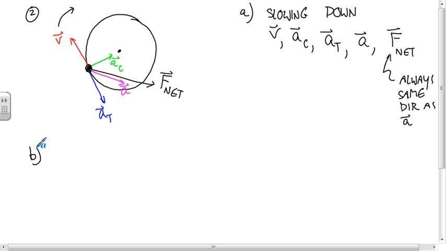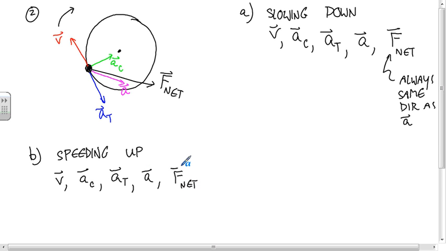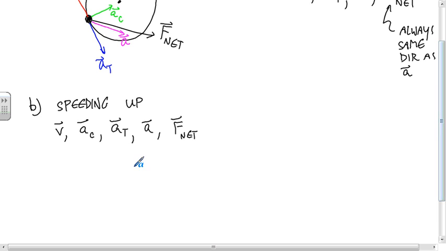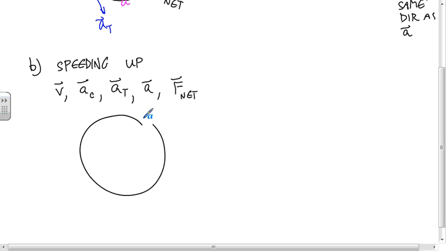Part B. Now let's say that it's speeding up. What are the directions of all of these same things? And it's still going clockwise.